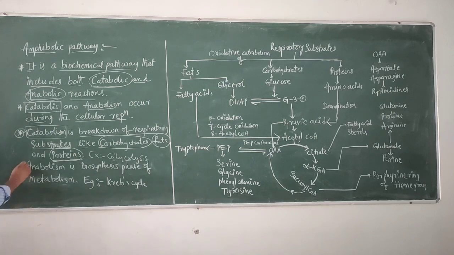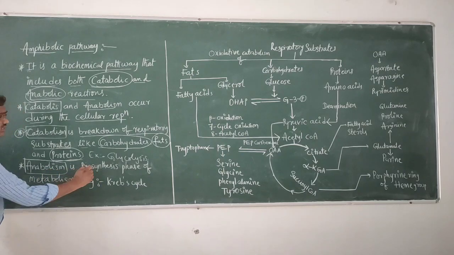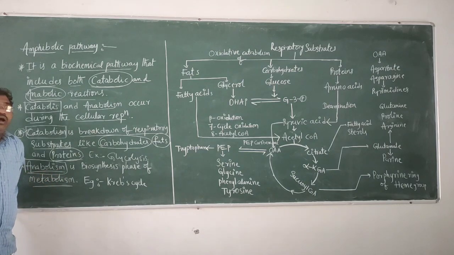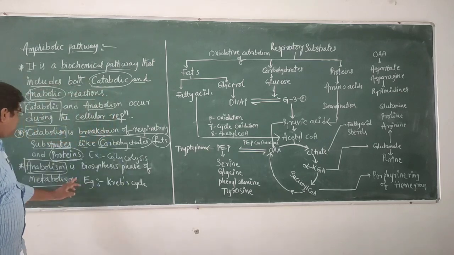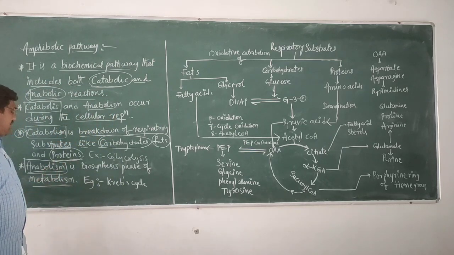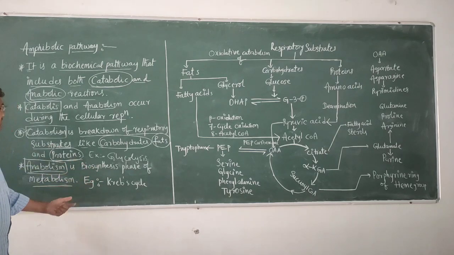Next, what is the definition of anabolism? Anabolism is the biosynthesis phase of metabolism. During anabolism, organic food substances are newly synthesized.